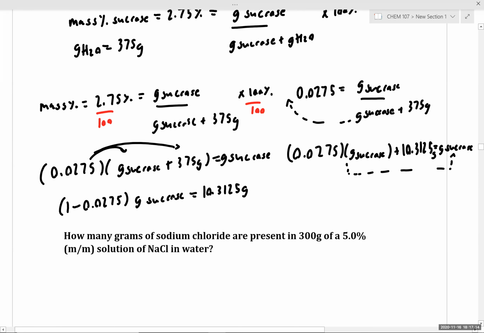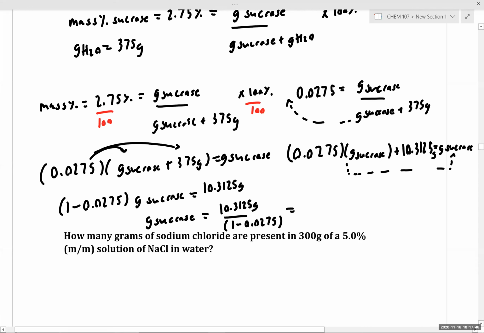Okay, so now all we have to do to solve for the grams of sucrose is resolve this expression. We have 10.3125 grams over 1 minus 0.0275.